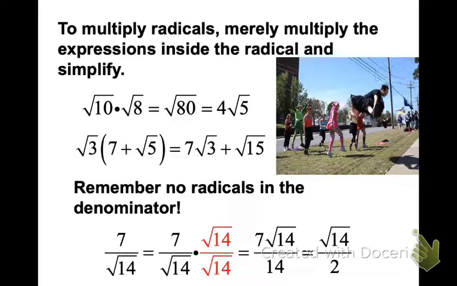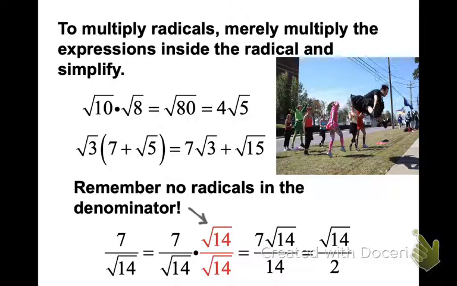Okay, we're going to have to rationalize our denominator. We don't want to have a radical in the denominator. So for this one, we had to multiply by square root 14 over square root 14, which is just another form of 1.